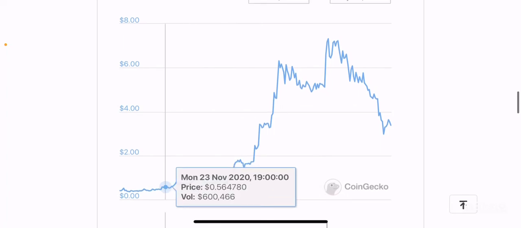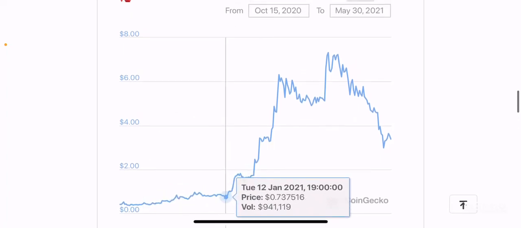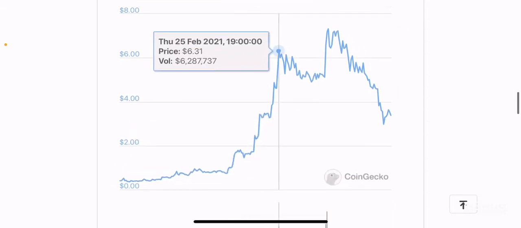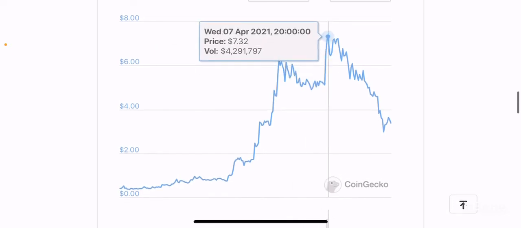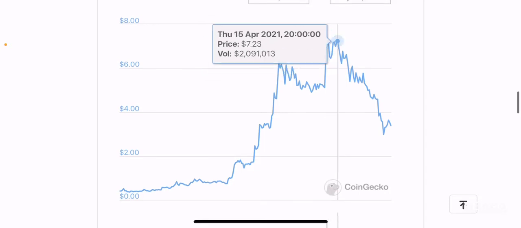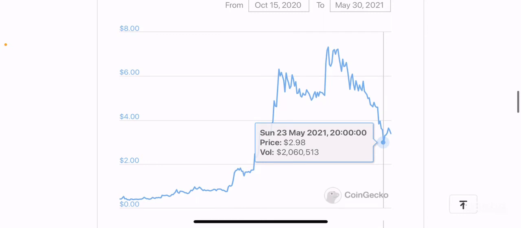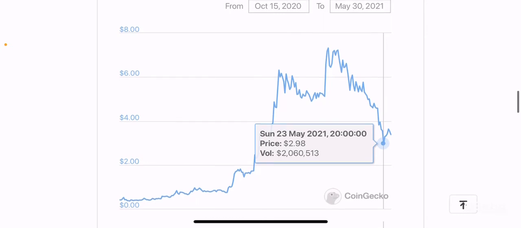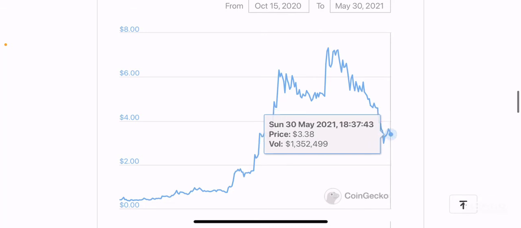It was pretty much in that range until early January, when the token price went from 73 cents on 12th of January all the way to $6.31, and then consolidated and made its all-time high of about $7.32 before crashing down. It hit its relative low of $2.98, then had a small decent spike, and now it's going in a downtrend again, right?